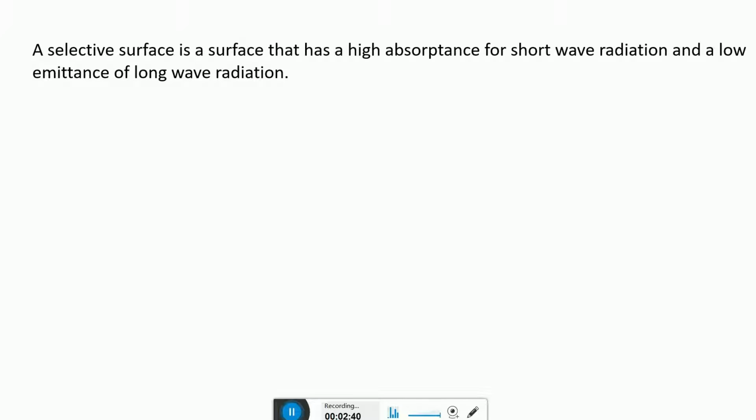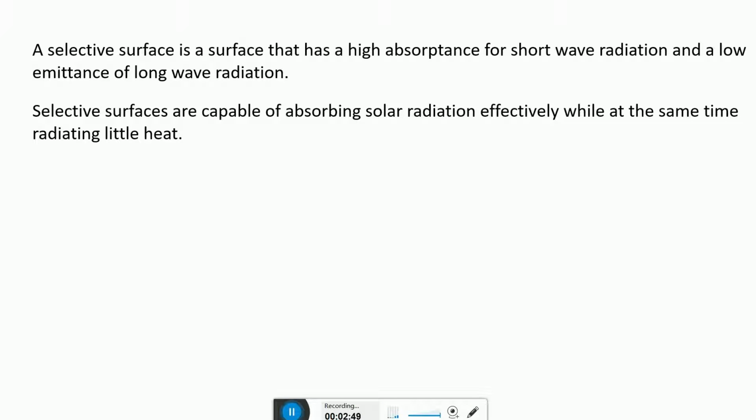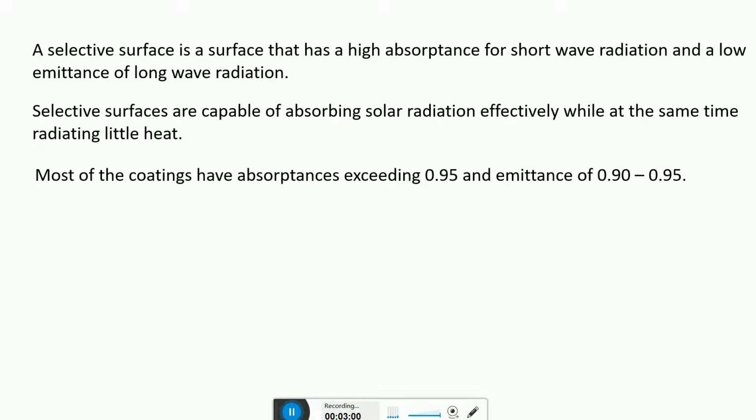Also, a selective surface is a surface that has high absorptance for short wave radiation and low emittance of long wave radiation. It is also capable of absorbing solar radiation effectively while at the same time radiating little amount of heat.